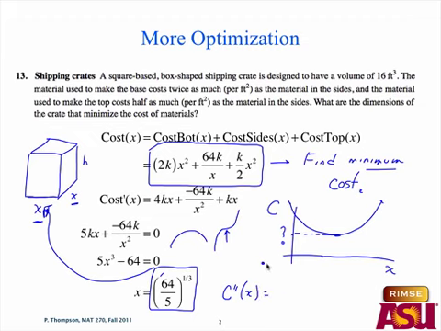Second derivative is 4k plus 128k over x cubed plus k. And what will the second derivative need to be for us to say, yes, indeed, this is a min?